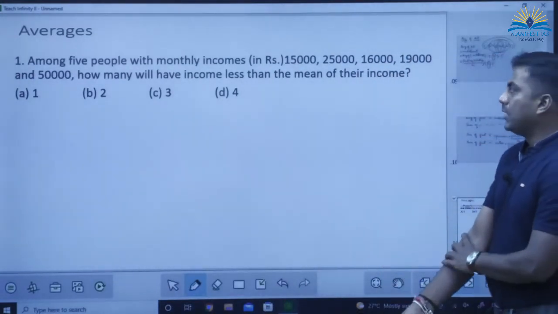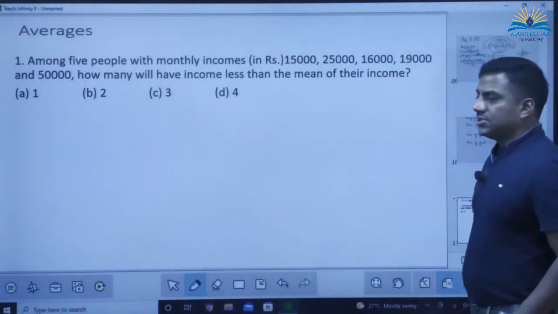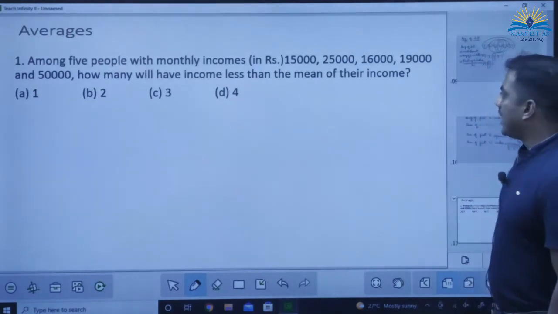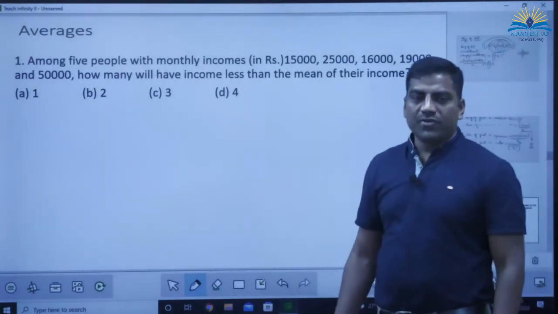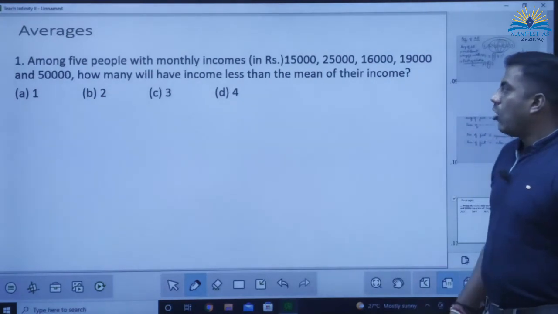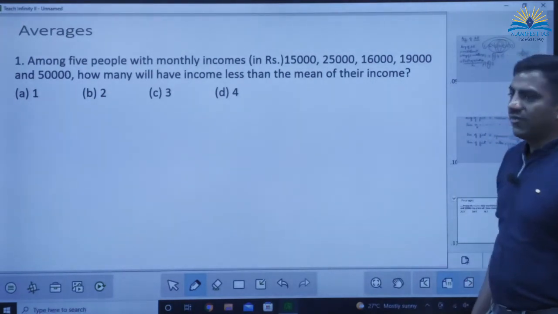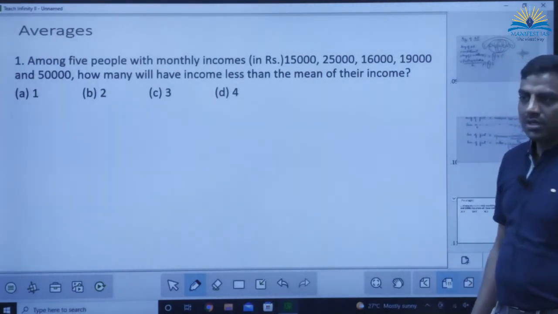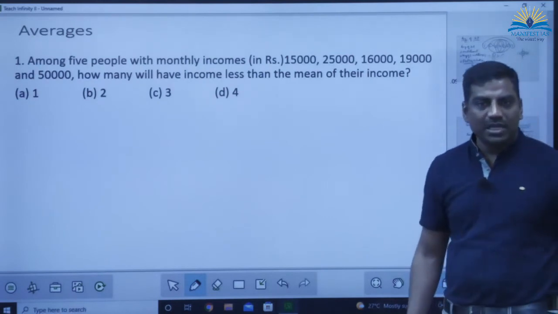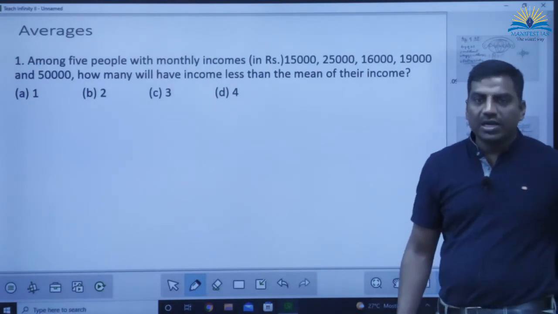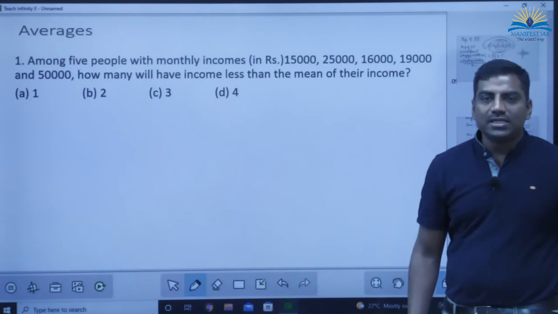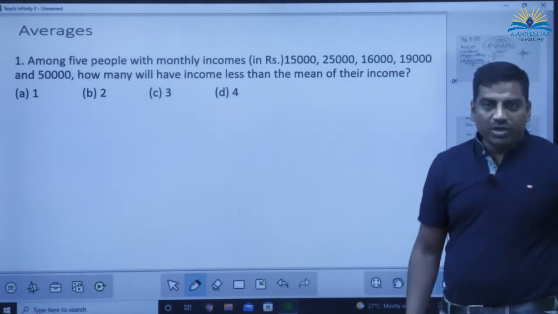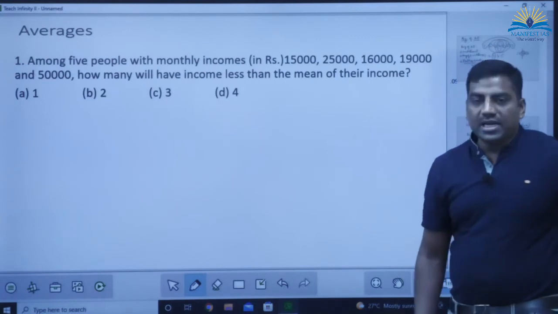Among 5 people with monthly incomes 15K, 25K, 16K, 19K and 50K, how many will have income less than the mean of their income? First you have to find the mean of their income. Mean means average. Don't write these triple zeros in your book. Take only 15, 25, 16, 19 and 50.